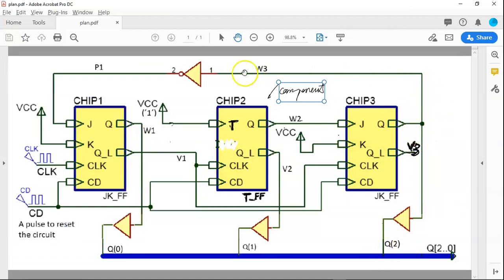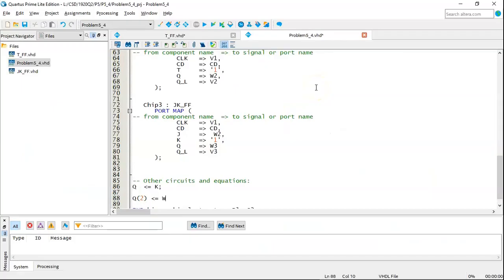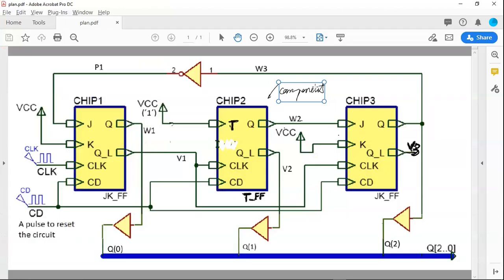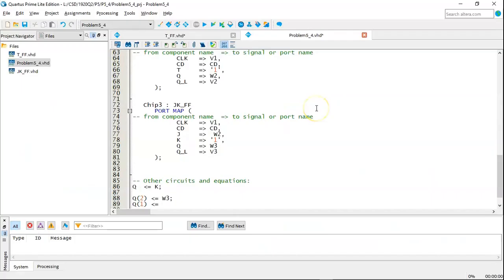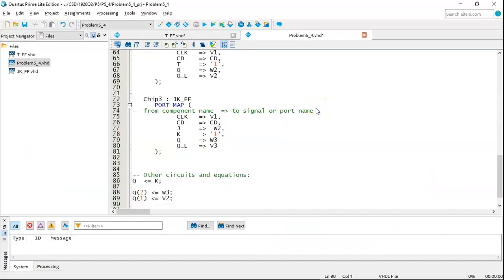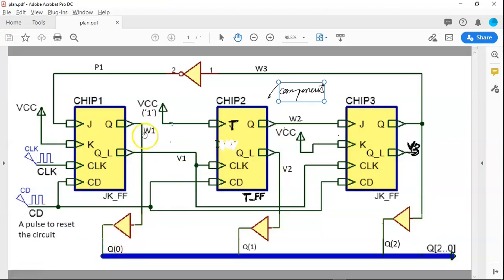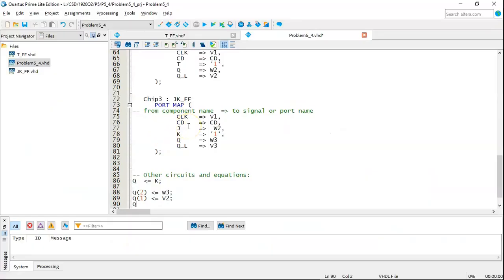Q2 is the W3, that way. Then what? Q1 happens to be a buffer for the V2. Okay, and then the Q0 is a buffer for W1. That way.